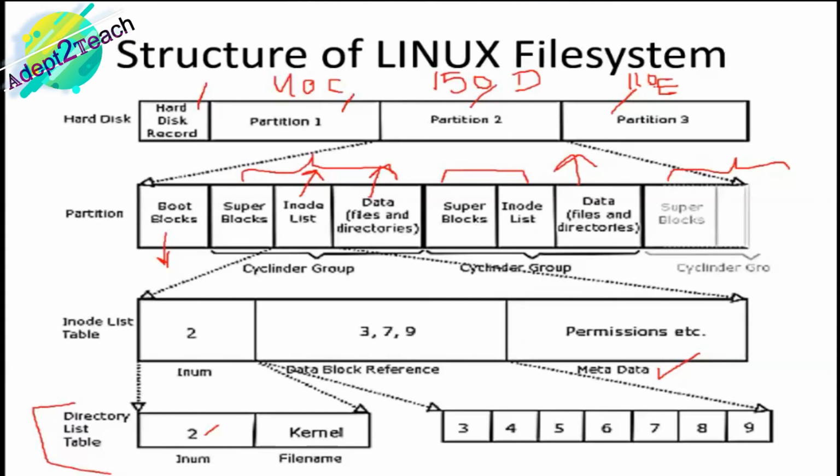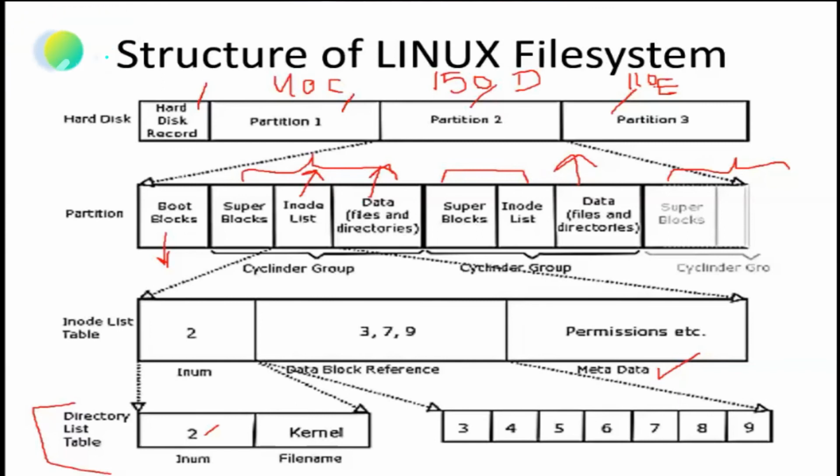Now when you double click on index.txt, it again takes the name of the file, locates its inode number, and now points you to the exact data block reference where the exact data of the file is stored. So it redirects you to that place. Now the entire data of that particular file is shown on your screen. So mapping the file name with the inode number is very important.